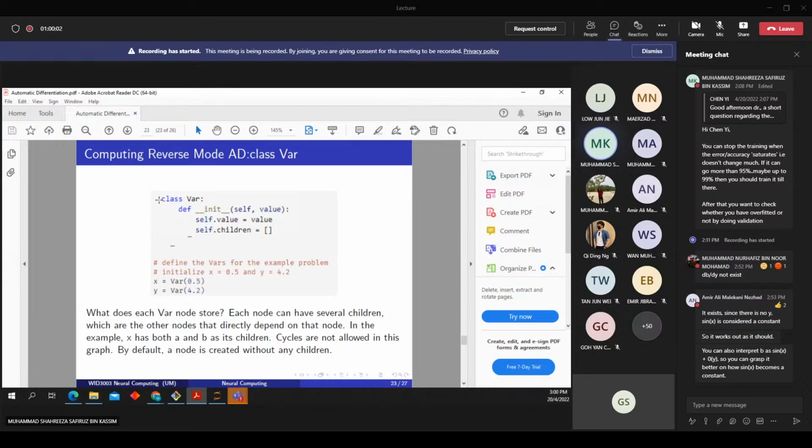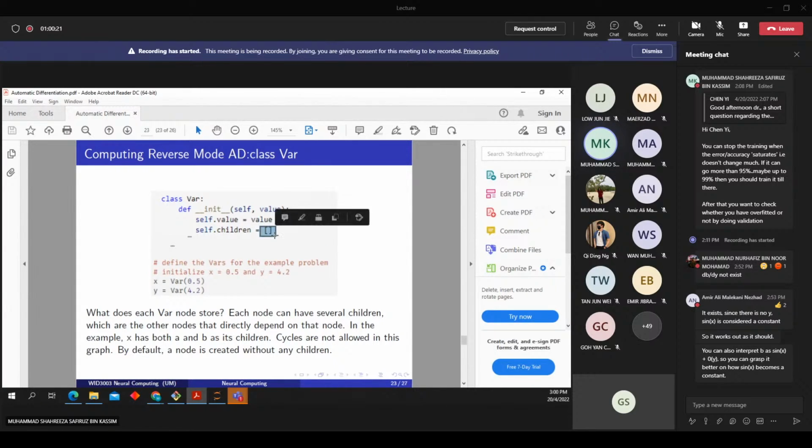In this class, whenever you instantiate it, for example X equals Var, you're assigning its value and also its children.